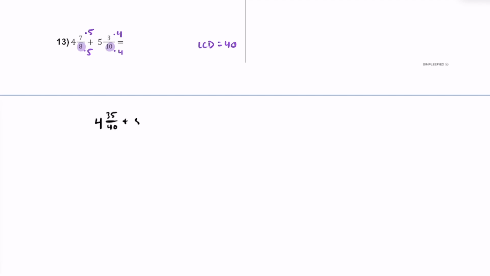And the second piece is going to be 5 and 12/40. All right, so we can add these now that they have the same denominators. So let's see, 4 plus 5 is going to be 9. And we're definitely going to have 40 in the denominator here. But for this 35 plus 12, that's going to be 47.